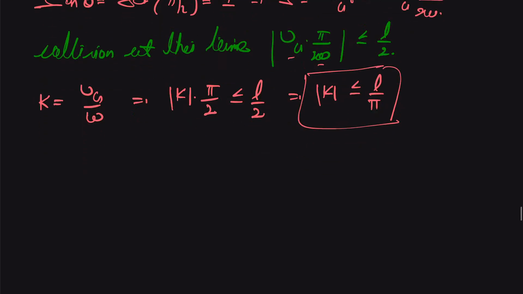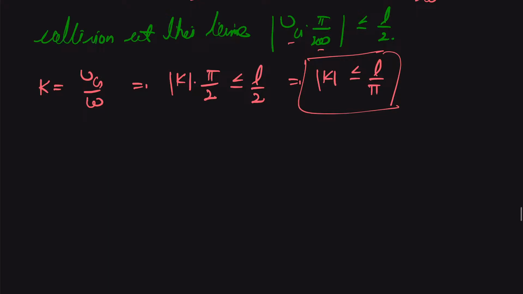And we also know that our K is equal to 2I upon ml, which I have already derived. Therefore, we can say this 2I upon ml should be less than or equal to L upon pi. And from here, we can say that our moment of inertia is less than or equal to, we can write this as, ml square upon 2 pi.